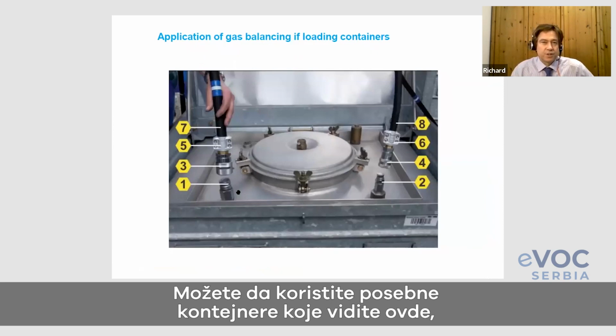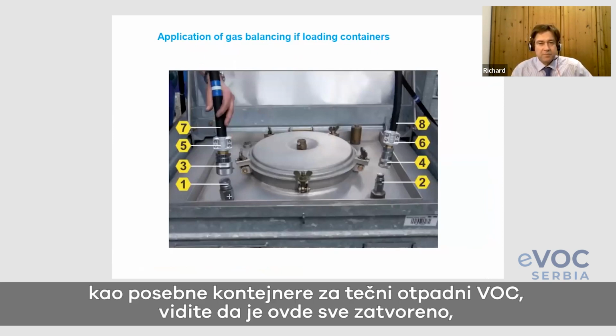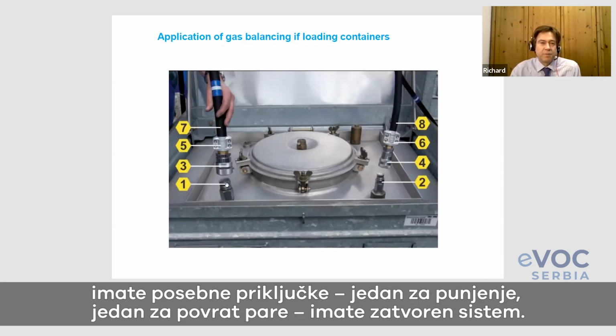You can use special containers. You can see here a special liquid VOC waste container. So you see everything is closed here. You have special connectors, one for the filling and one for the gas balancing. And you have a closed system.